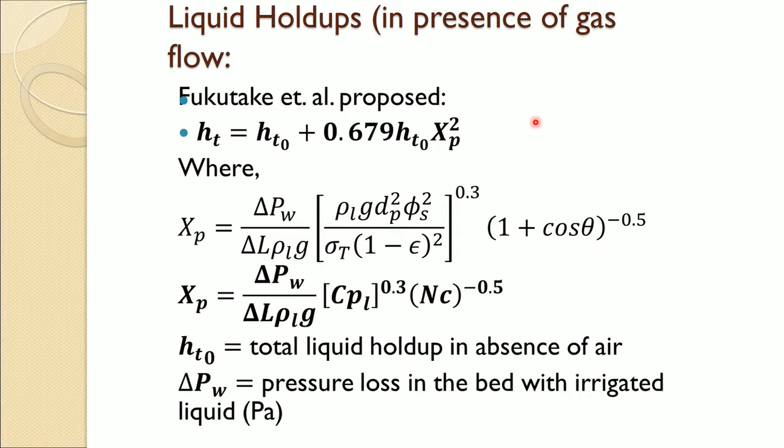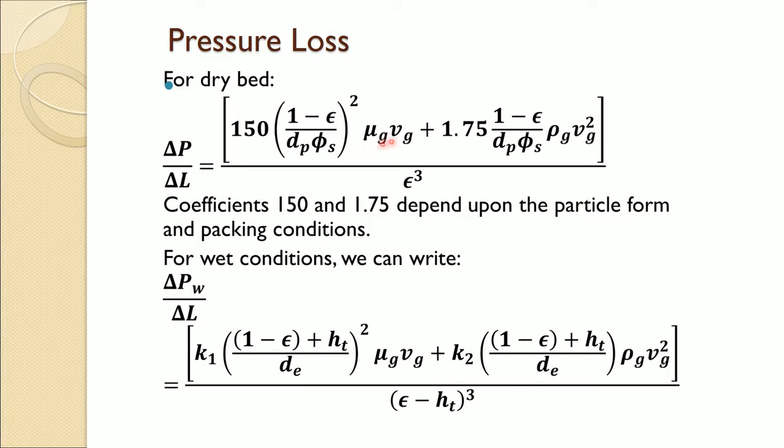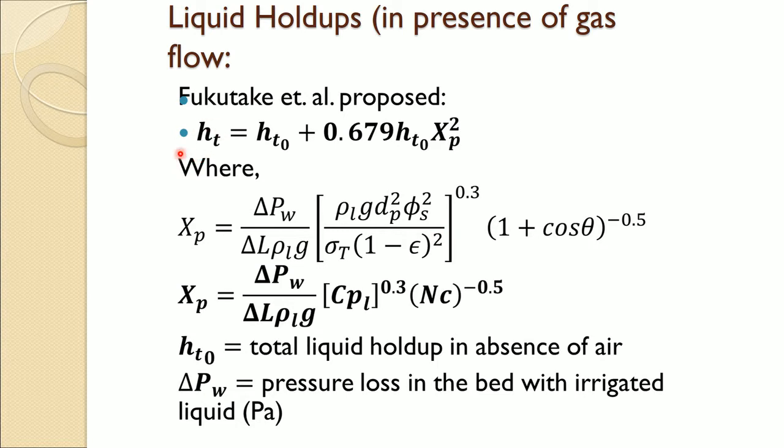And due to that reason, especially for this example, for the dry bed, for the wet bed, for this pressure drop, this H T which is appearing here is saying it can be taken as the total Holdup of liquid in absence of air, and then you can easily solve the total Holdup.